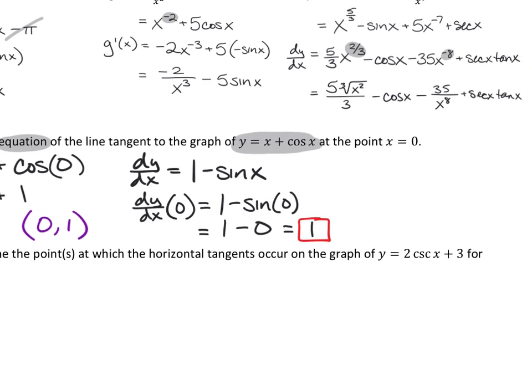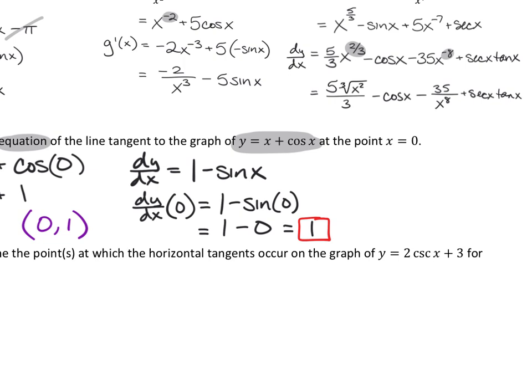So when we write my final answer here, we would do y minus y1 equal to m times x minus x1. Now, obviously, a lot of that's kind of boring. Do I need to do x minus 0? No, kind of boring. So then we have 1 times x. Do I need to show the 1? No, technically, if this were on an answer key, I would probably have it say this.